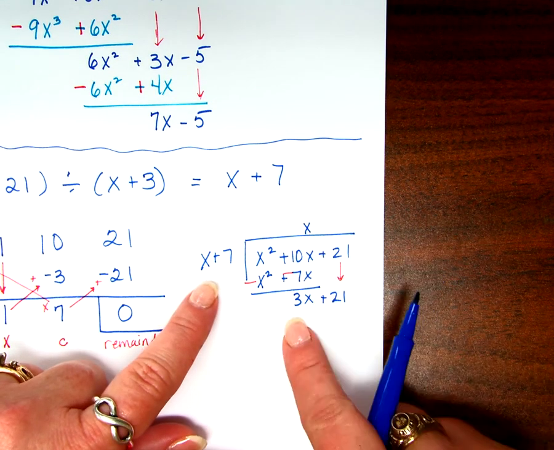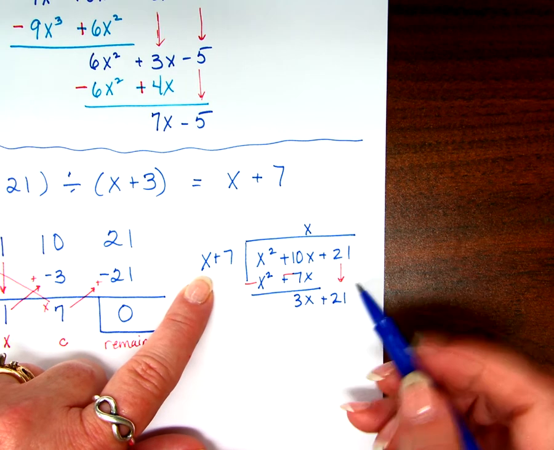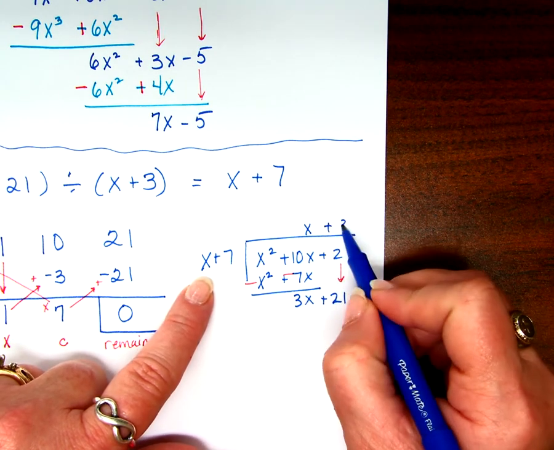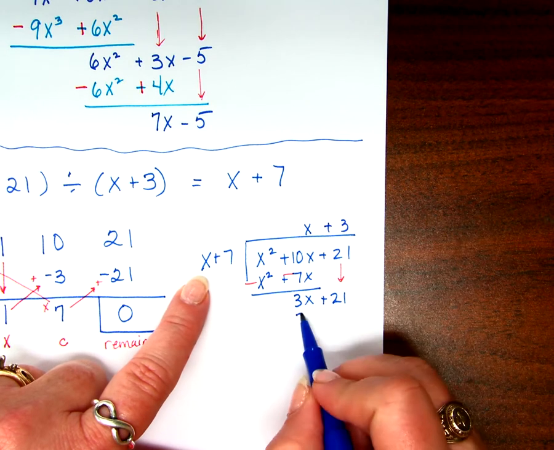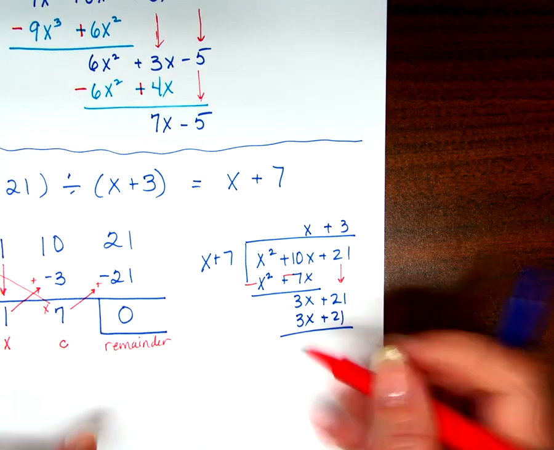Sorry. Divide the first term here by the first term here. What do we get? 3. Multiply 3 times x. Multiply 3 times 7. Subtract.